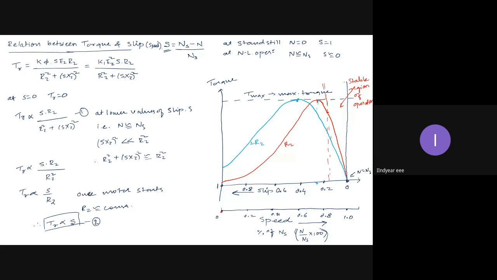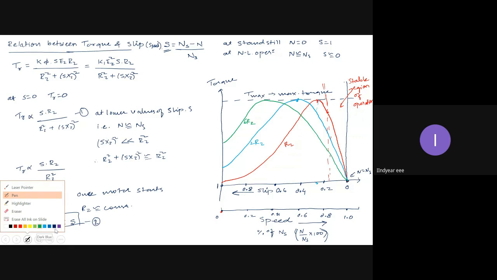If I further increase R2, the value of slip at which maximum torque occurs will further increase.